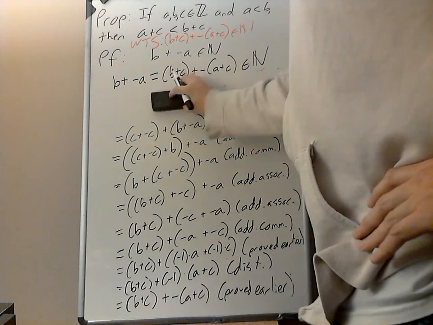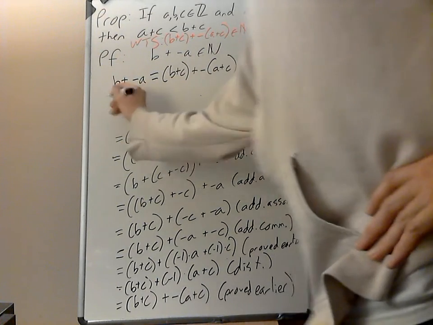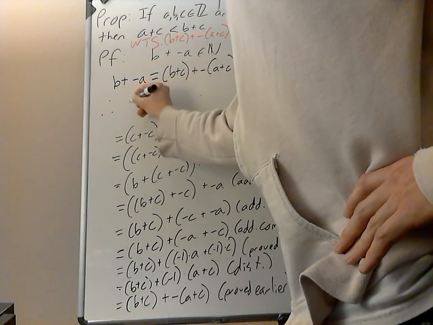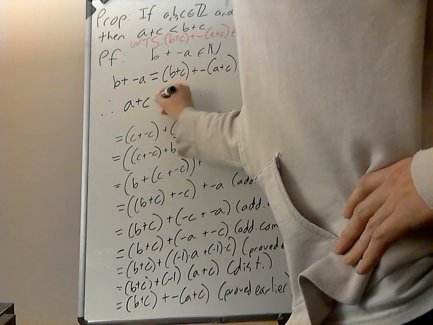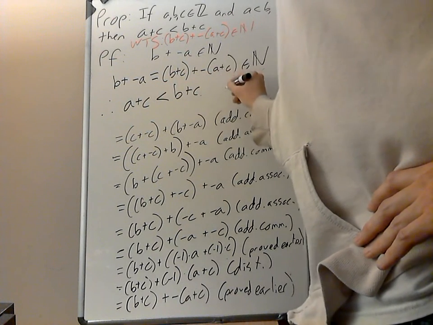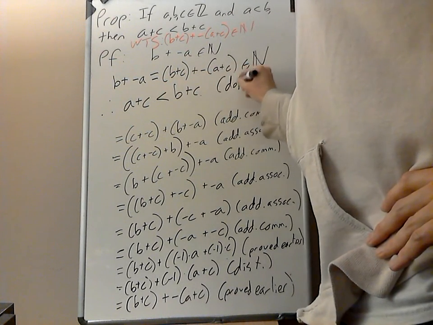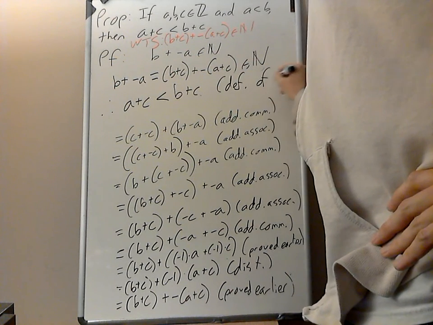Therefore, a plus c is less than b plus c by the definition of less than.